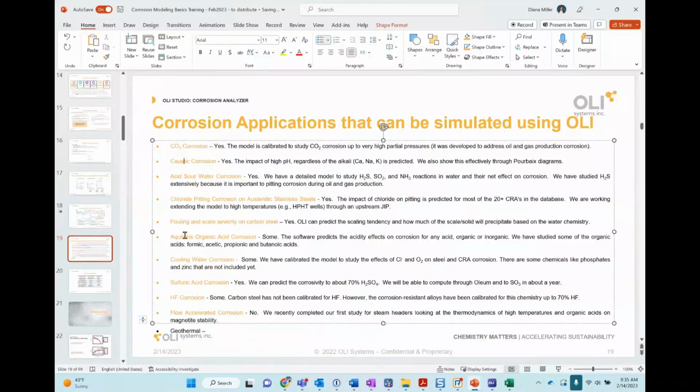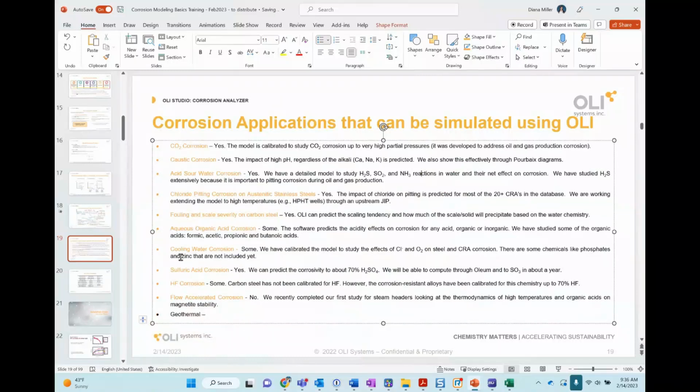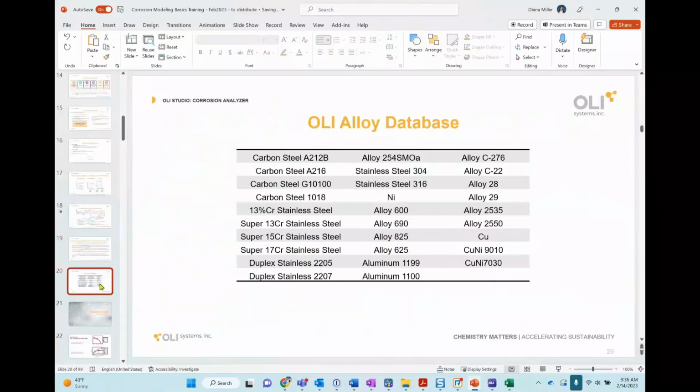We have some organic acids, so we also do organic acid corrosion. We do cooling water corrosion, sulfuric acid corrosion, and HF corrosion as well. So these are some of the examples of the applications that our customers commonly use the software for to get those type of values.